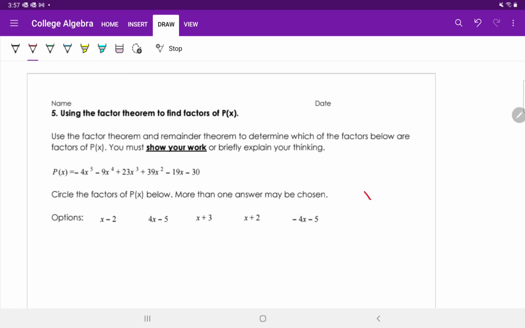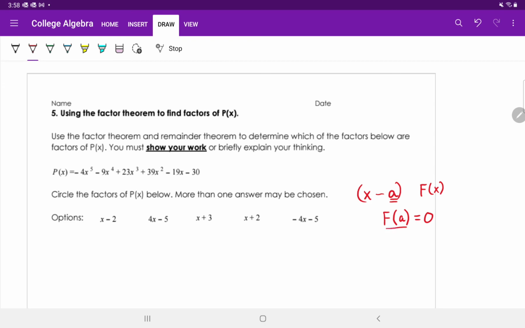If we have x minus a as a factor of f of x, then f of positive a should be equal to 0. Let me break that down. If x minus a is a factor of f of x, that means that a is a root of f of x.